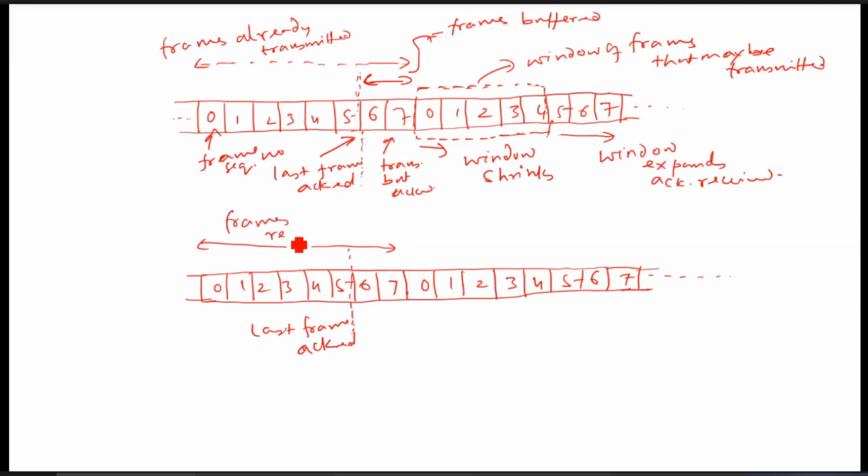But acknowledgement is given only up to 5. The last frame is received. And this is the window size that may be accepted, these frames 0, 1, 2, 3, 4.